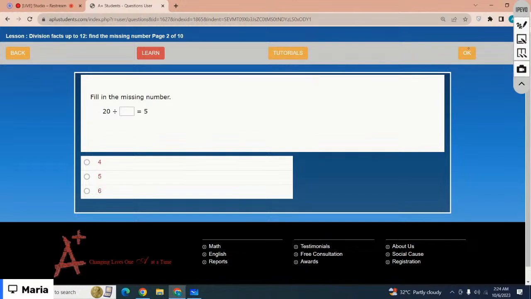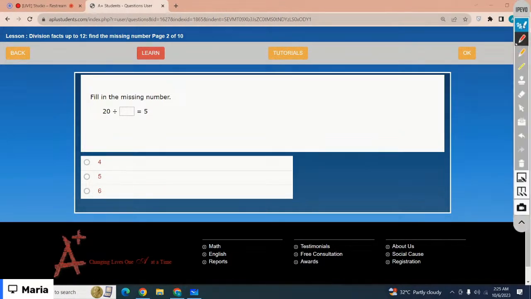You are given the dividend, that is 20, and you need to find the divisor. So you need to divide 20 by 5. 20 divided by 5 is 4, so that would be 4. Yes, that is 4. Very good.